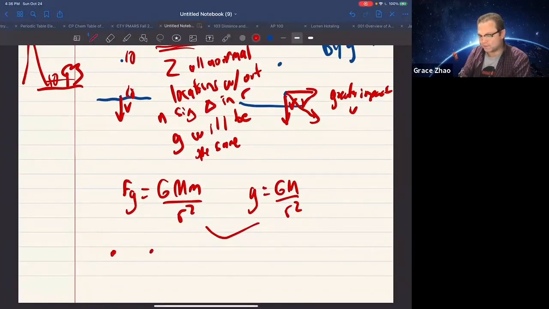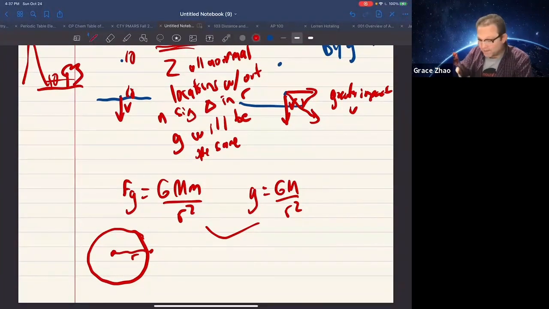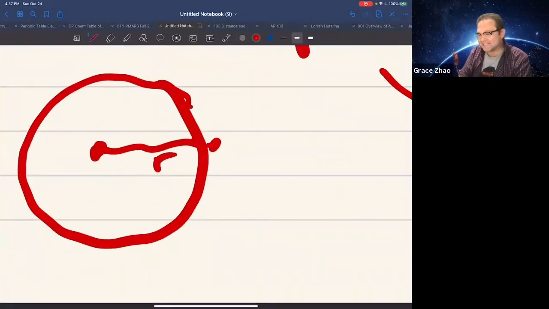So if this is the Earth, the top of Mount Everest won't even show up as a bump. The difference in R, from the surface of the Earth to the highest airplane that flies on the planet, is less than the thickness of my pen here. So if this is the surface of the Earth and this is maybe the ISS, that's how close it is.